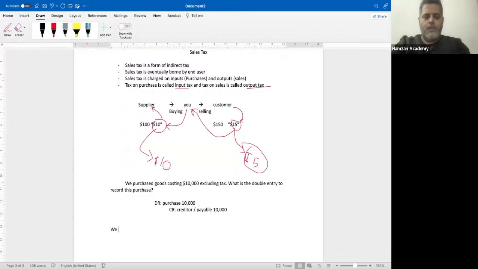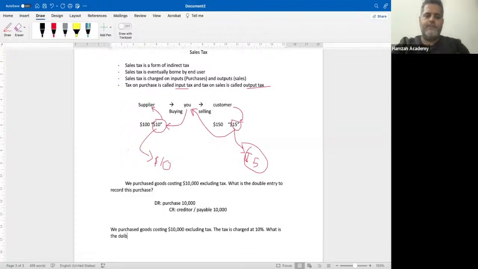Now, we purchased goods costing 10,000 excluding tax. The tax is charged at 10%.